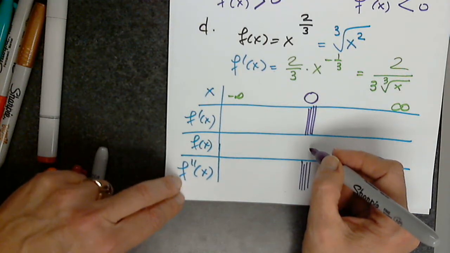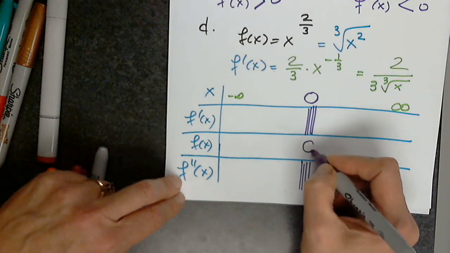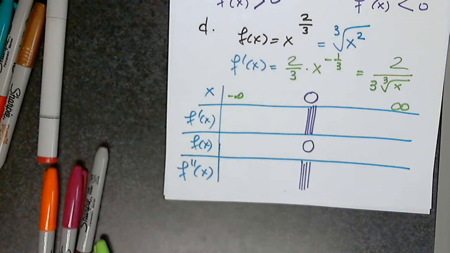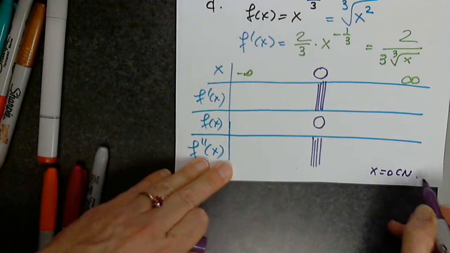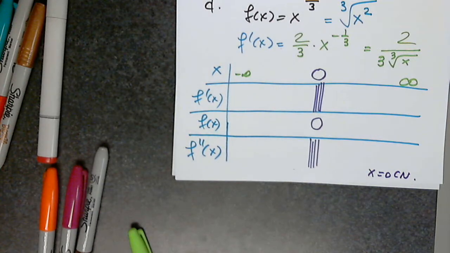How much? Perfect. Good. So I know there is a critical number. I'm going to write it on the side. X equals 0, critical number, coming from f prime being undefined when the function is defined.